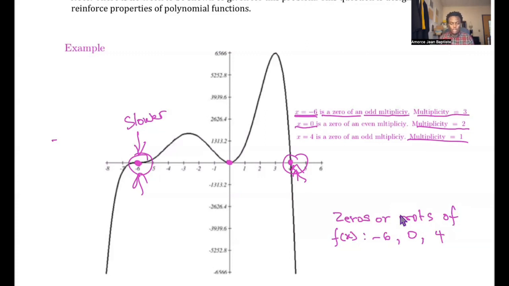The quicker the graph bounces on the x-axis, the lower is the even multiplicity.